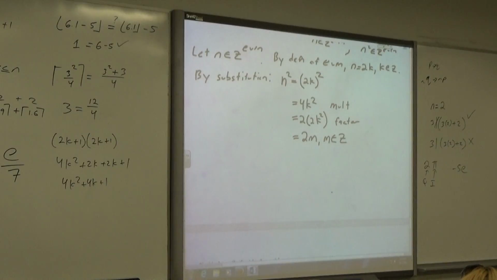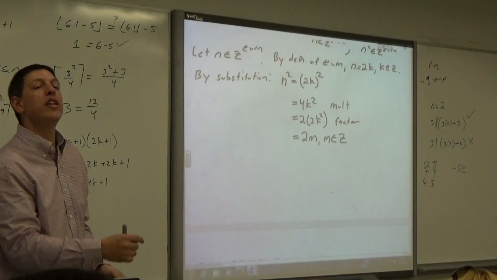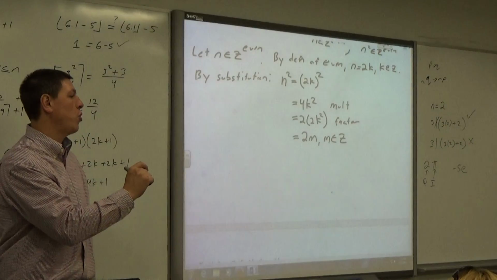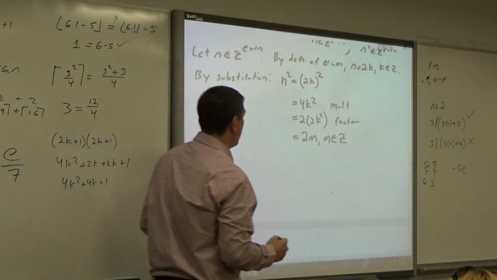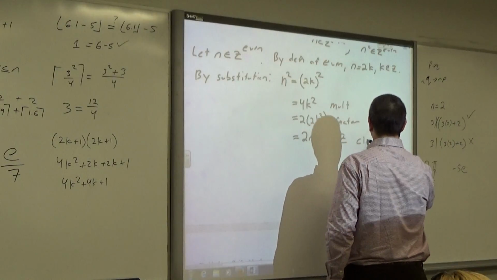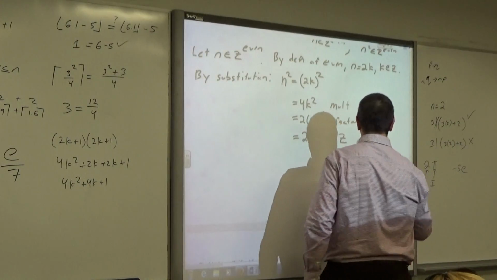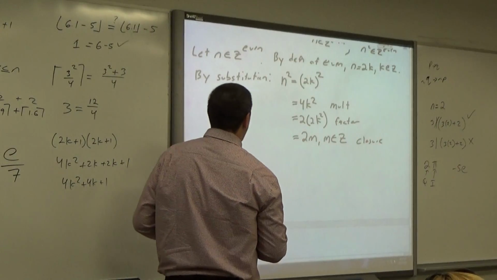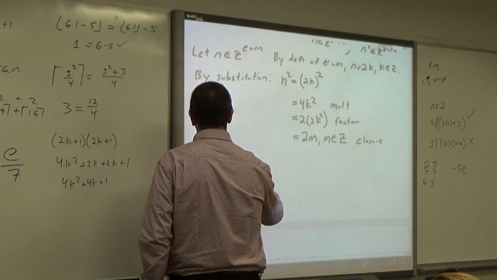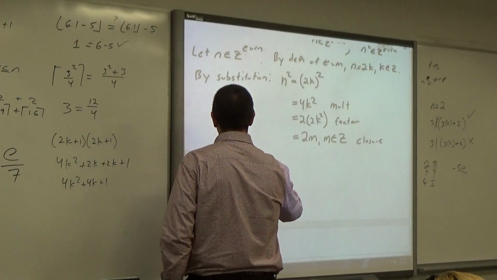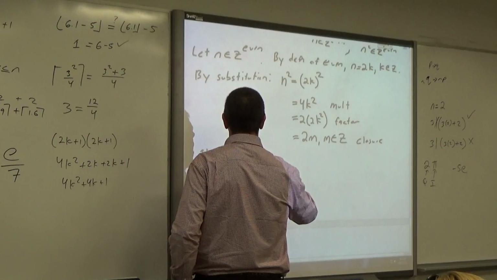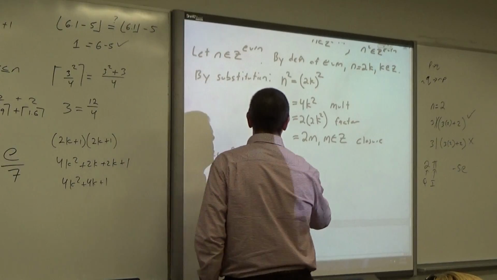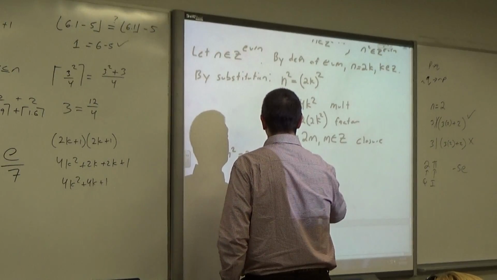Alright. So guys, that's by closure, right? And clearly what we've shown is that the contrapositive is true, okay? So, this is by closure. And what we can say is that thus, n squared is equal to 2m, and is even by definition of even.